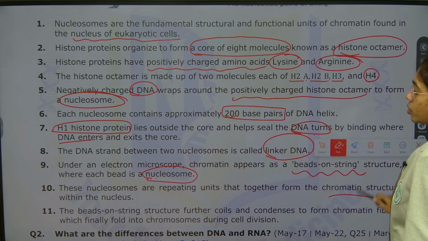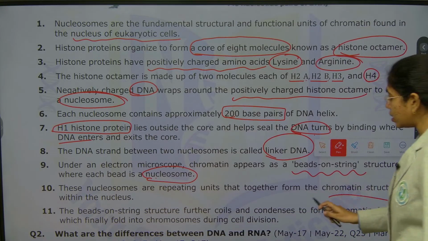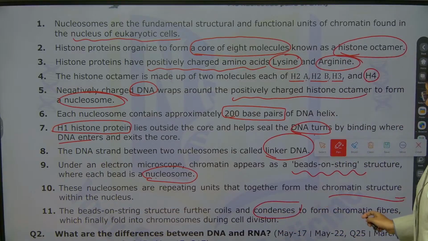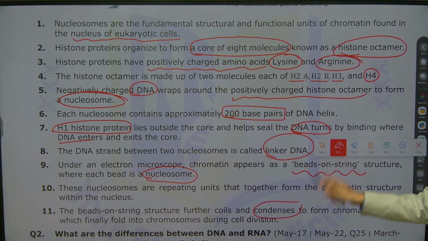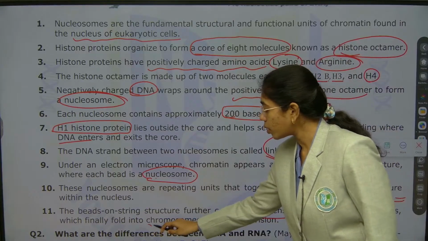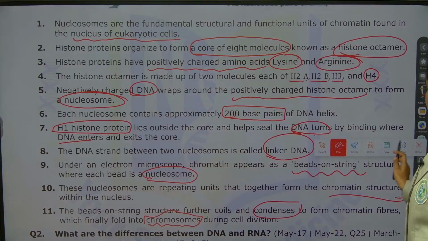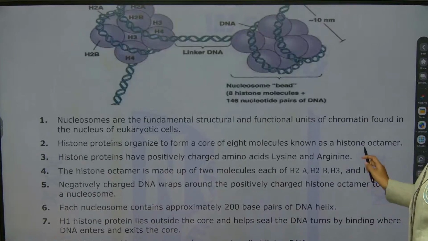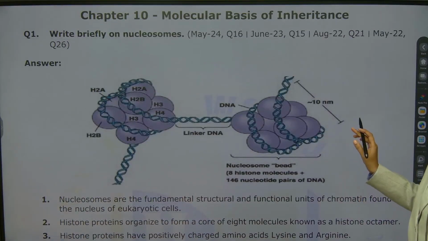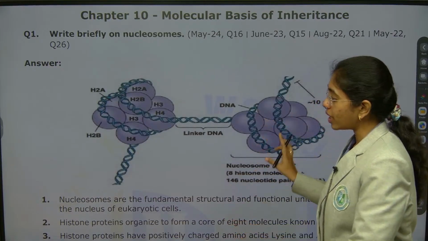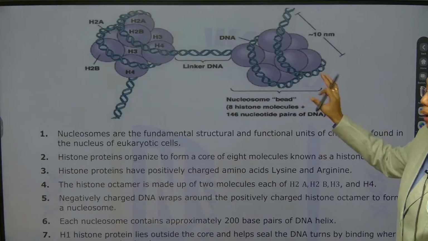The beads on string structure further coils and gets condensed to form chromatin fibers. Finally, this folds into chromosomes during cell division. This is all about the nucleosome model. If you keep the diagram as your reference, it will be easy for you to elaborate it point-wise.